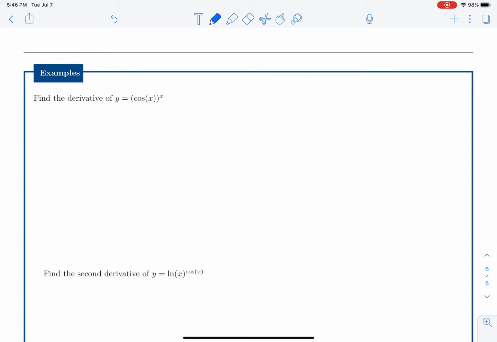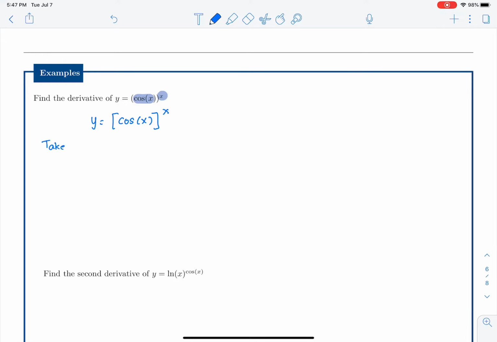So here is a case where we have a function, cosine of x, and it is raised to the power of x. So what we have is y equals cosine x raised to x, and a function, which is x, is in the exponent, so we have to make use of logarithmic differentiation.